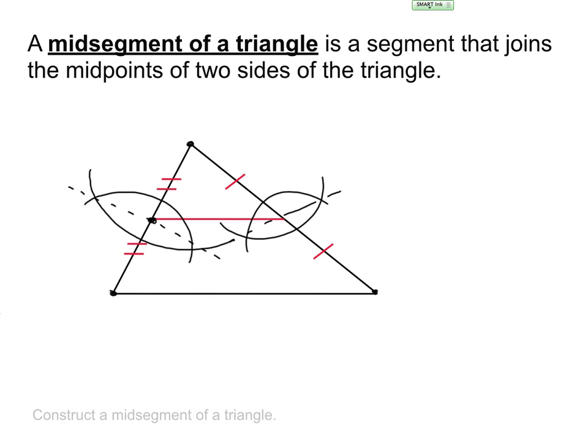How can we see if it's parallel to the bottom? What guarantees the lines are parallel? Recalling, what did we do that came up with parallel lines? The converses of alternate interior and corresponding angles. Okay, you got your tools.